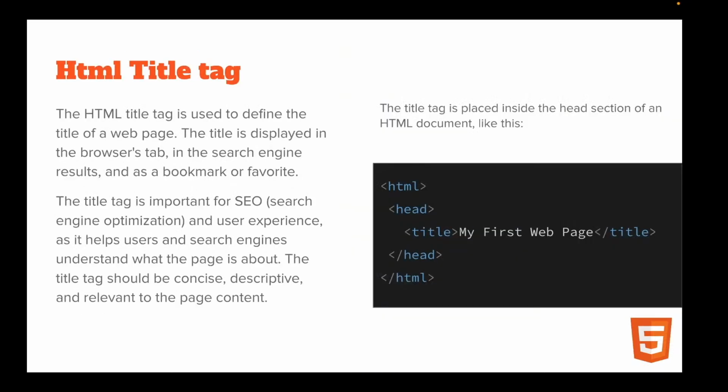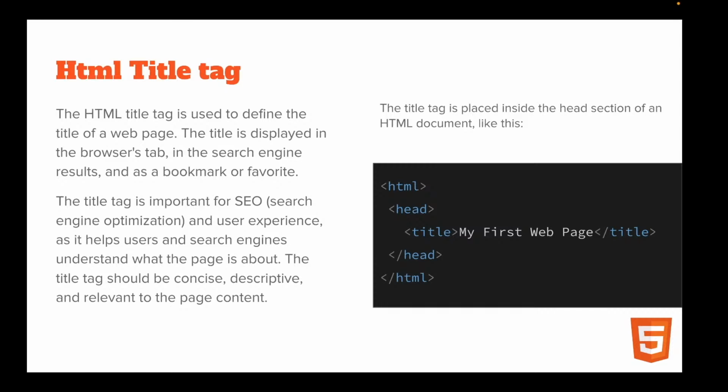Moving on, we have the title, which is what you've used currently. You've used it in your demo in creating your first page. So this is how it's being used. You saw the head section, and inside the head tag, you then add the title tag. The title tag is what shows in the browser title what the page is. And what is the fundamental use of this title tag? Apart from the fact that it shows to the user, it's also very important because that's what search engines use to define your page.